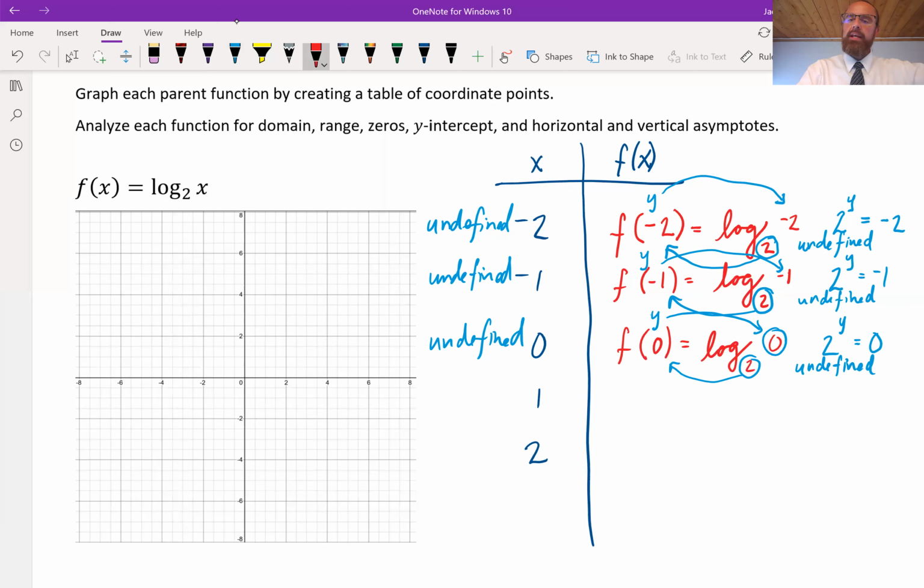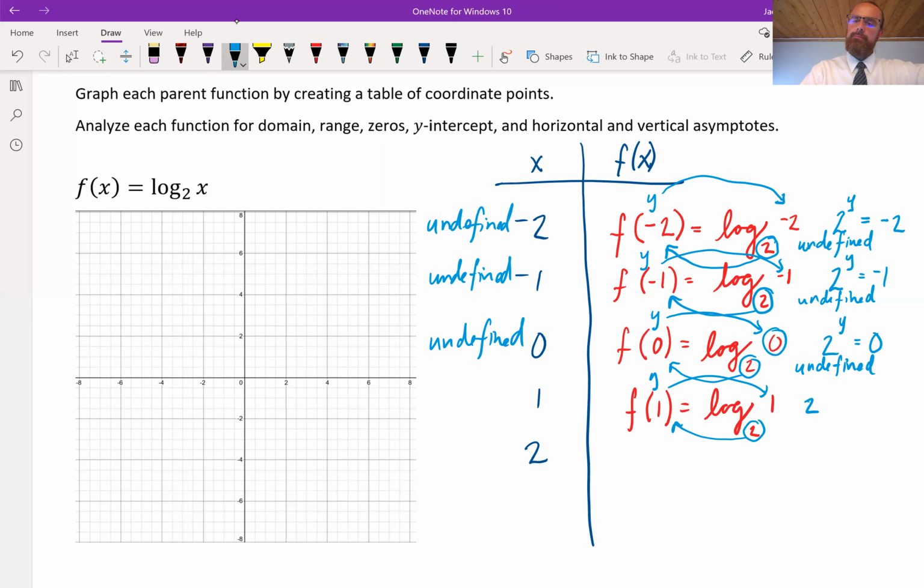So here we want to say f at 1. I really hope that we can do something, because you start to feel like you haven't made progress, but we've seen 3 things that are undefined. We'll see how that shows up on the graph. Well, this is f at 1. So now I'm going to say 2 to what power of y would equal 1?